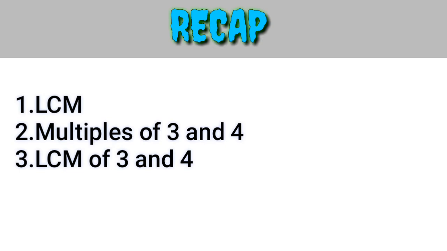And multiples of 4 are 4, 8, 12, 16, and so on. Number 3. LCM of 3 and 4. So the LCM of 3 and 4 is 12 because 12 is the least common multiple of 3 and 4.